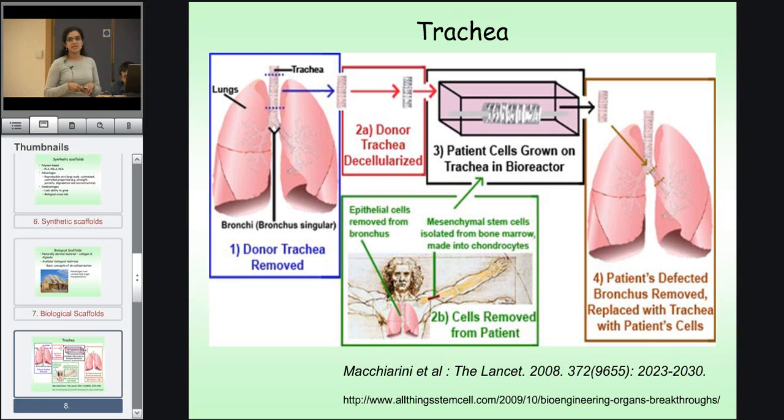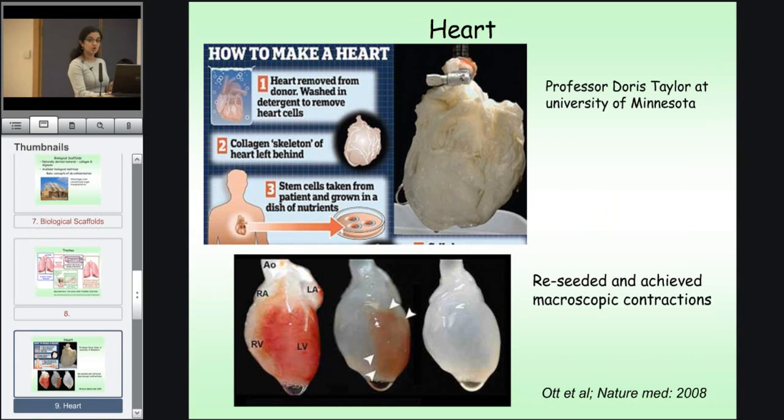That scaffold was then implanted back into the patient from whom the cells originated. The patient so far is doing well, and the major advantage over conventional transplantation is that she doesn't require any strong immunosuppressive drugs because the cells in that scaffold are hers, nor is she likely to reject that scaffold.